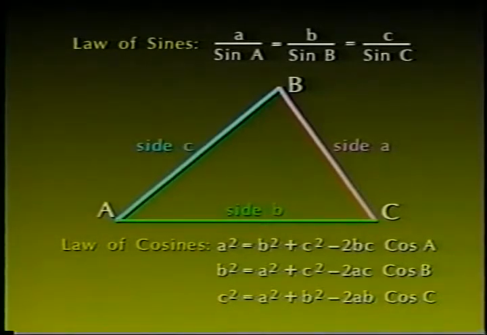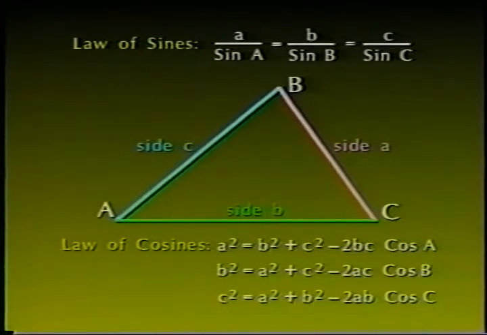The law of sines equation for oblique triangles is shown on the top portion of this graphic. As shown, side A over sine A is the same as side B over sine B equals side C over sine C. Equations based on the cosine law are also shown.